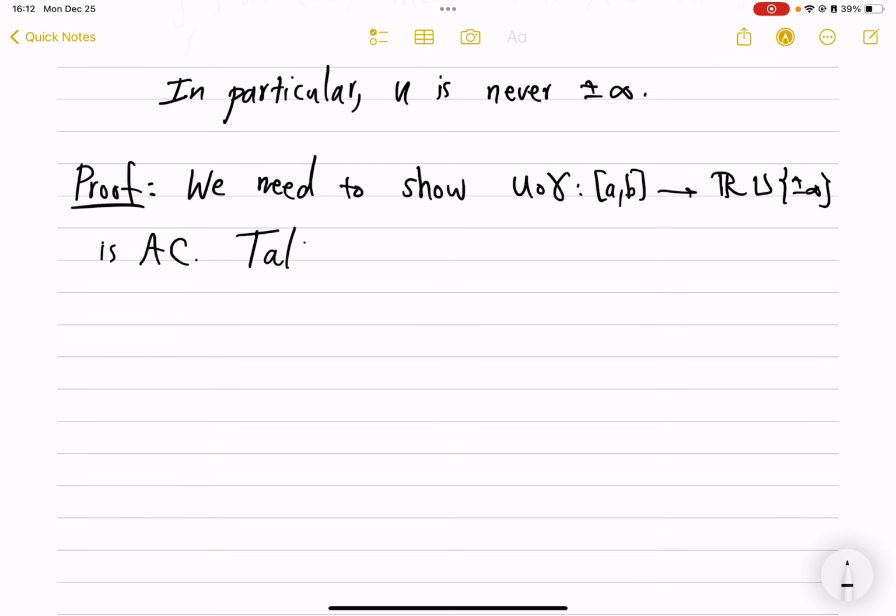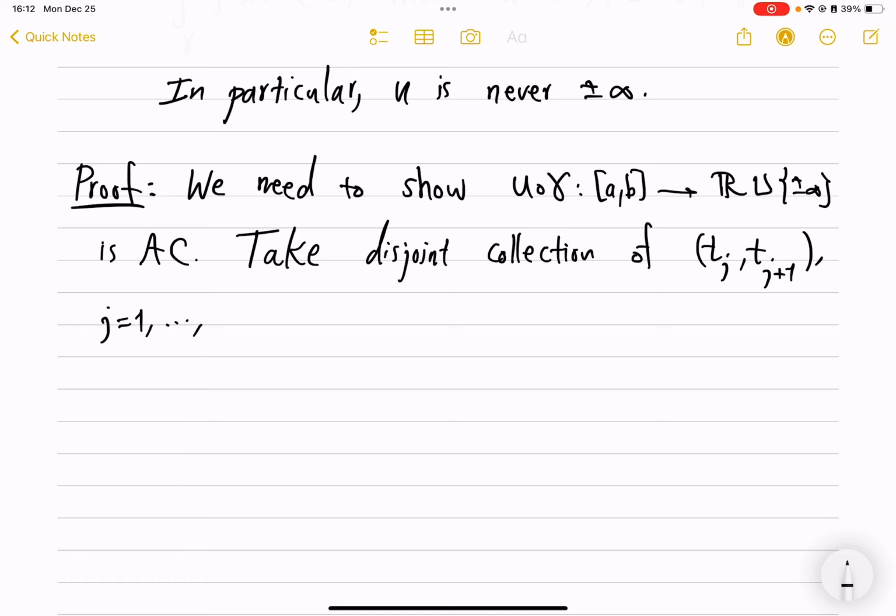Okay, so take a pairwise disjoint collection of subintervals, say j from 1 to n, inside AB.